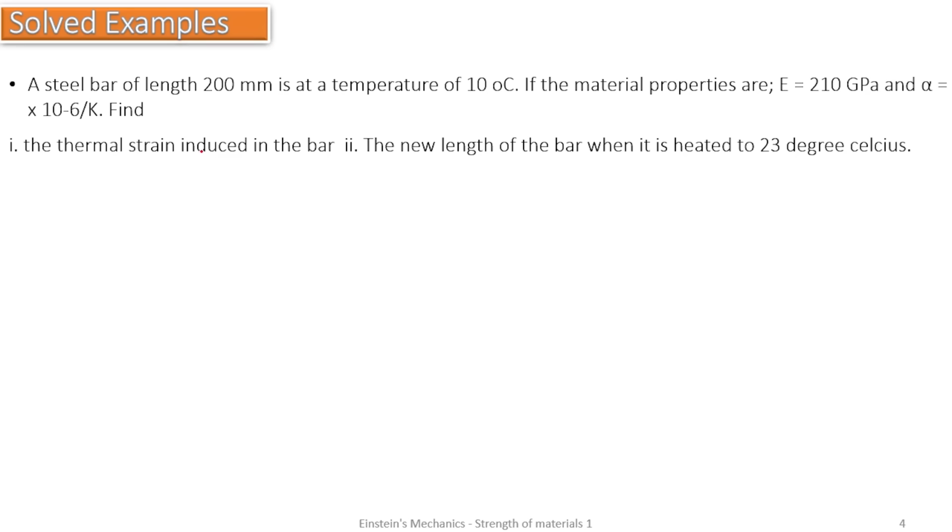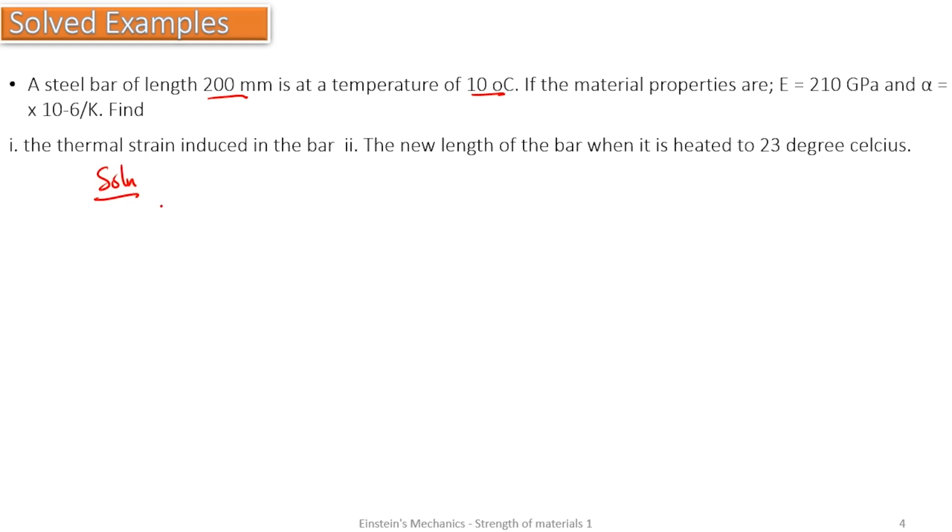Let's take an example. A steel bar of length 200 millimeters is at a temperature of 10 degrees Celsius. If the material properties are E and the thermal expansivity is 12 times 10 to the power negative 6 per Kelvin, we have to find the thermal strain and the new length.